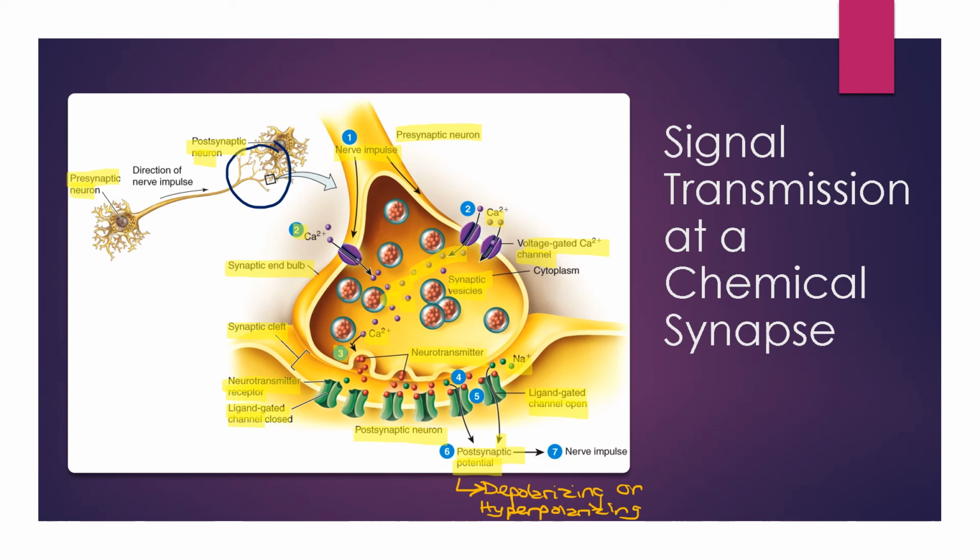Sodium rushing into the cell is going to increase the potential, bring it more and more positive because sodium is a positive ion, and it's going to cause depolarization, which will cause a nerve impulse if the depolarization reaches threshold.